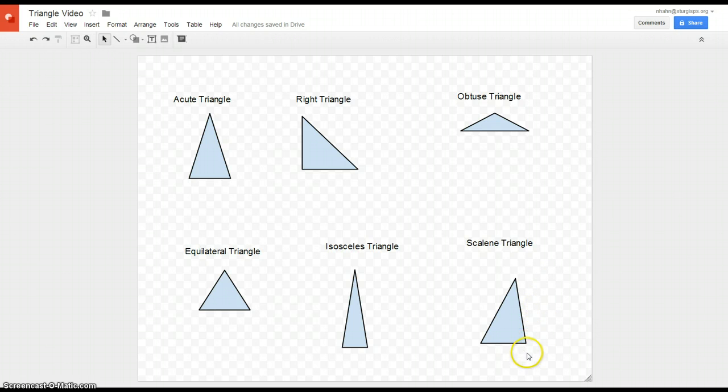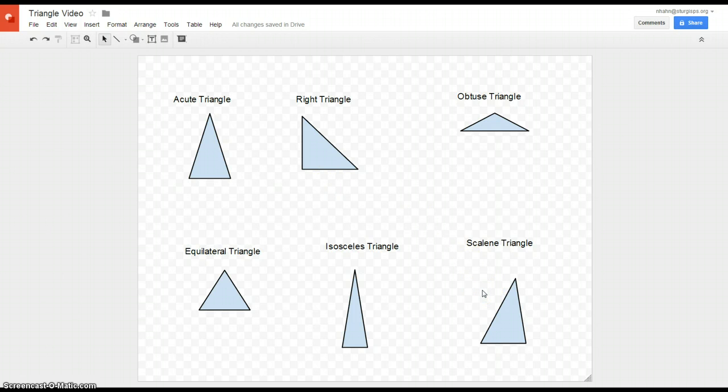In this case, it's close to being a right triangle, but this is not a right angle, it's a little smaller. This is an acute angle, another acute angle, and another acute angle, and all three sides are different sizes. All three angles are acute, so this would be classified as a scalene acute triangle.